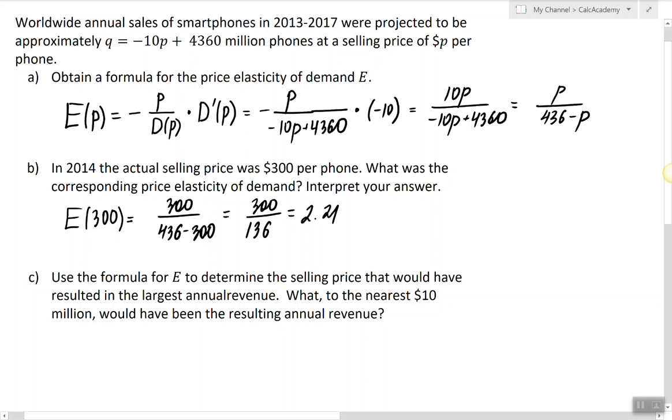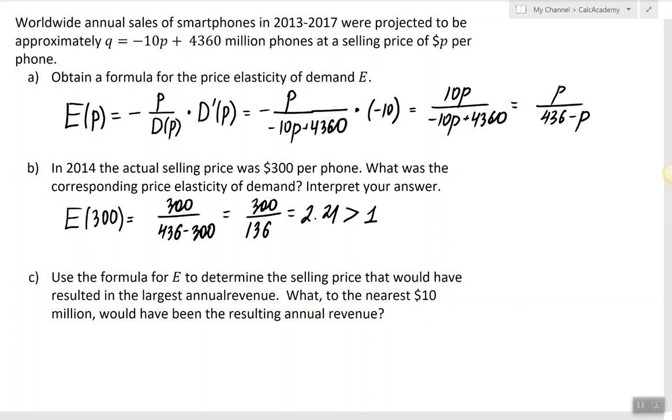2.21. Now, what does it mean to interpret the answer? We compare the elasticity with number 1, and if elasticity is greater than 1, then we call such demand elastic. If elasticity is less than 1, then we call it inelastic, and if elasticity is 1, we call it either perfect elastic, or we say it has a unit elasticity.